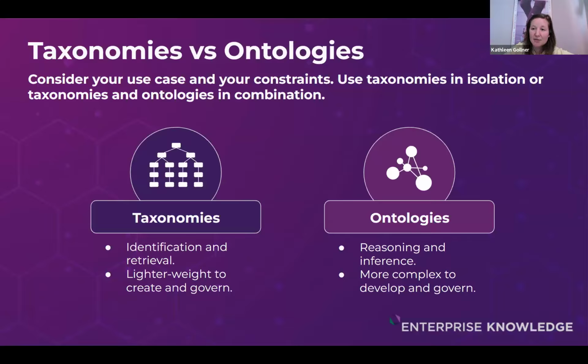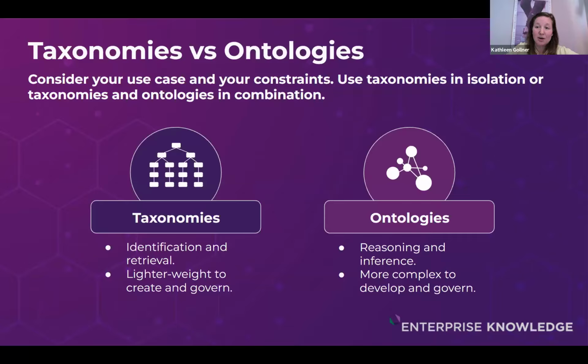So setting aside the fact that it's not always either or, the key thing is to play to the strengths of each and make sure that you're tasking your semantic models with the right kinds of outcomes you want from your AI solutions. So on the taxonomy side, given that their real value is their ability to capture concepts and terminology, they're really good at identification and retrieval, which is core of what taxonomies have been used for a very, very long time.